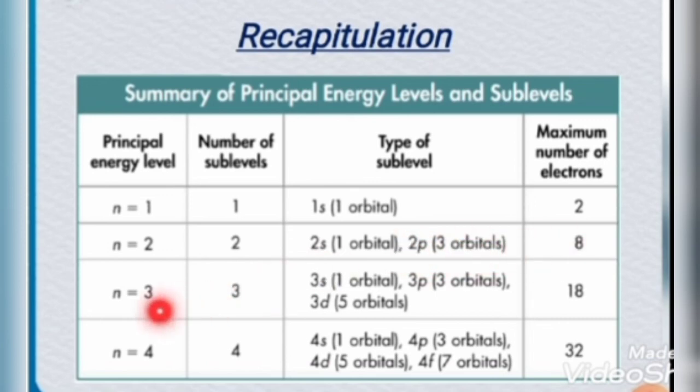If n is equal to 3, it has 3 subshells, 3s, 3p and 3d, and the maximum electrons accumulated is 18. Same, if n is equal to 4, it has 4 subshells, 4s, 4p, 4d and 4f, and a total of 32 electrons will be accumulated in the fourth shell.